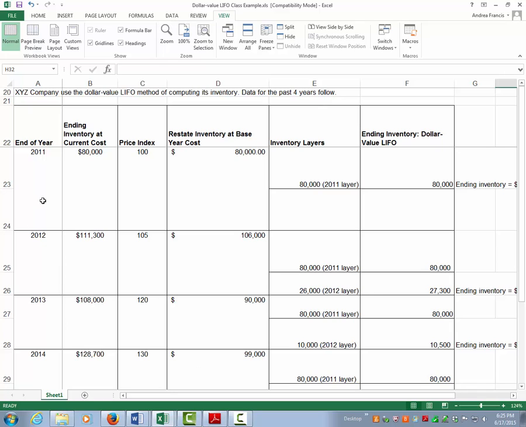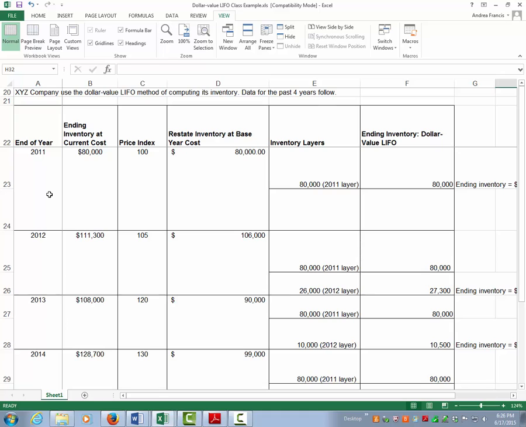But let's just think back now to what we were doing and why we were doing it. Remember, companies often track LIFO based on the units of inventory, but this can lead to liquidation, right? Because if you track units and you sell so many of the units, then you are kind of left hanging, and if you do liquidate your LIFO inventory, you're probably going to be faced with a big tax bill.